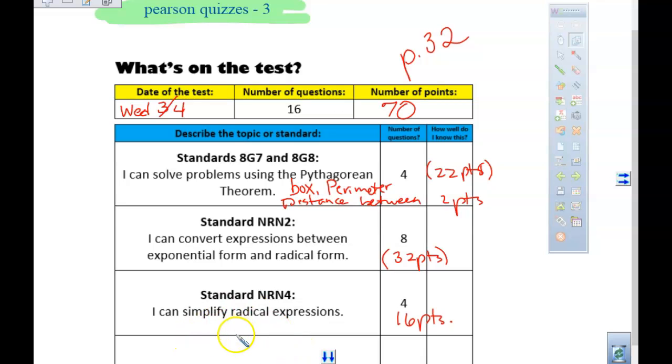When you think about simplifying radicals, this is where you can use your calculator. So a perfect square, so factoring so that you get that perfect square. So it'll be the square root, you'll have your perfect square times a number. Think about the 3 things that mean it isn't simplified.